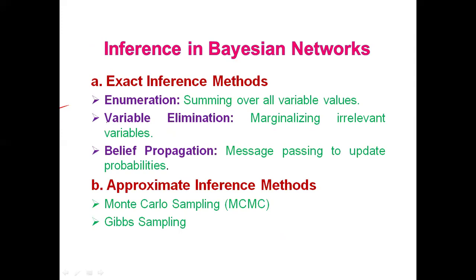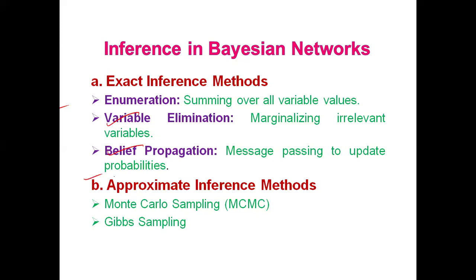And variable elimination: this approach improves the efficiency by marginalizing irrelevant variables. It systematically removes unnecessary variables while computing exact probabilities. Next, belief propagation. This technique, also known as message passing, propagates probabilities across the network to update beliefs about unknown variables based on known observations.